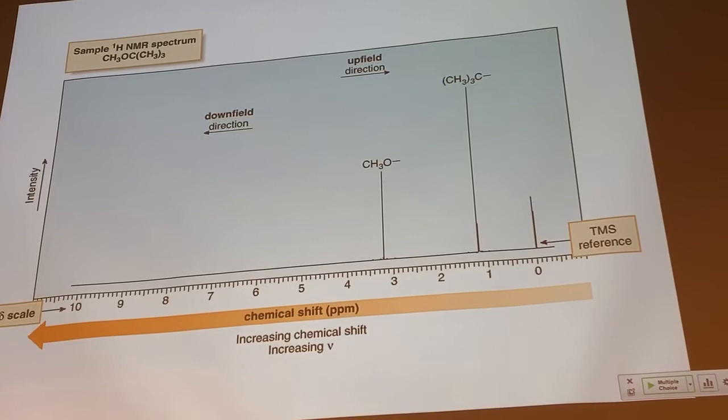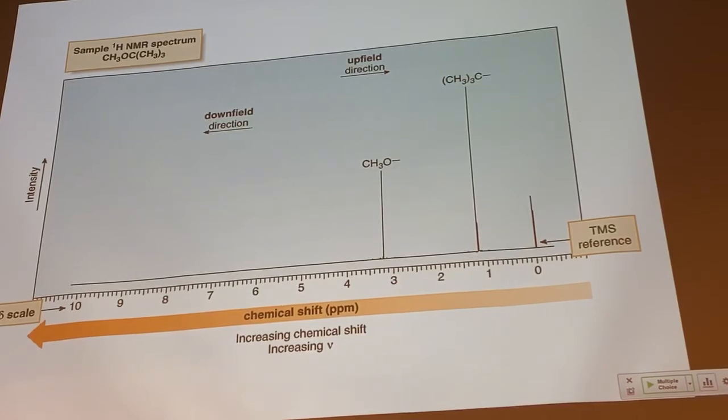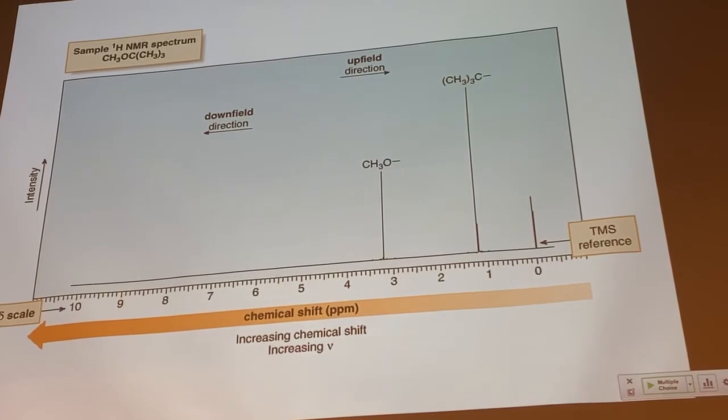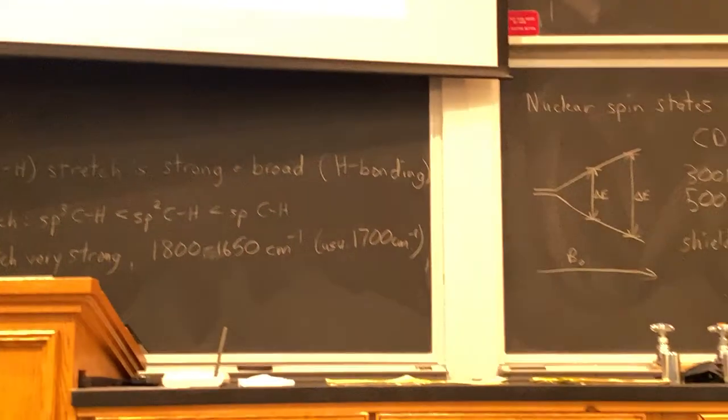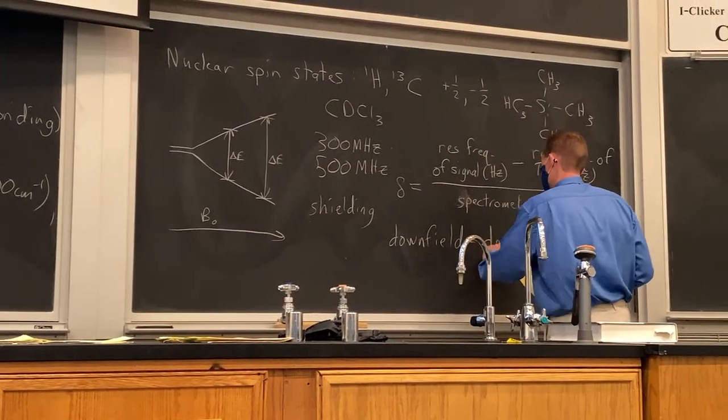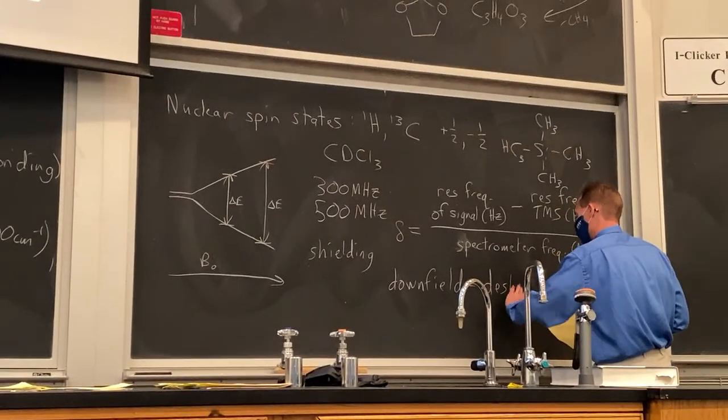There is one thing that does make sense, though. We know that if a peak shows up in the upfield direction, those hydrogens are shielded by electrons in the molecule. So that means that if it shows up in the downfield direction, it's going to be de-shielded. So we can say that downfield correlates with de-shielding.